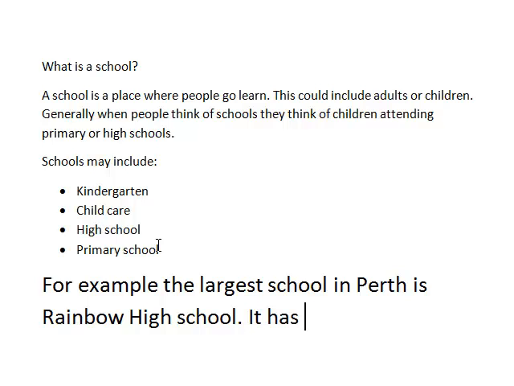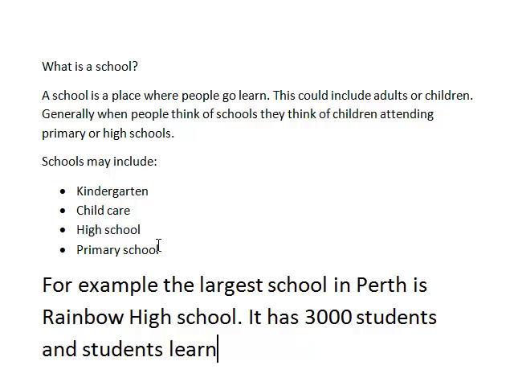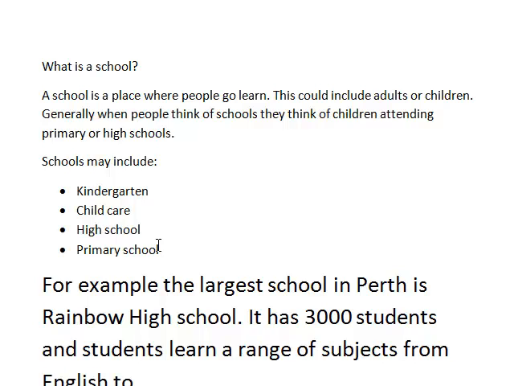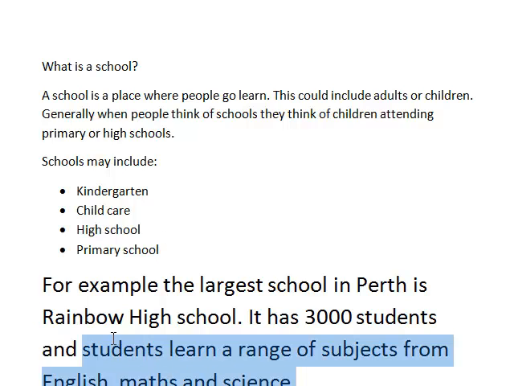It has 3,000 students. So you're just giving a little bit of an example, and students learn a range of subjects from English, maths, and science. Okay, as an example, so something simple there.